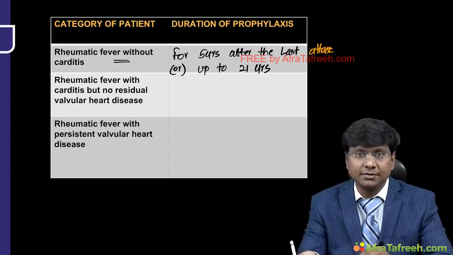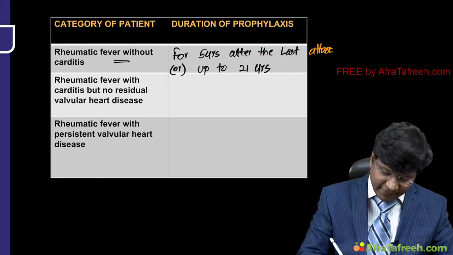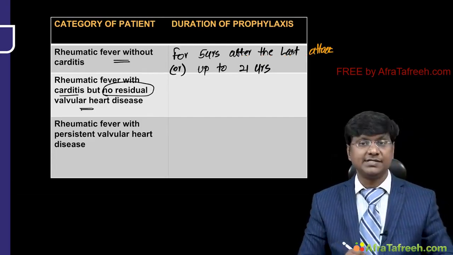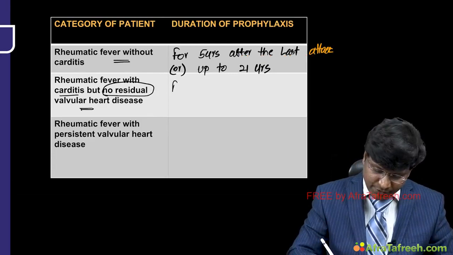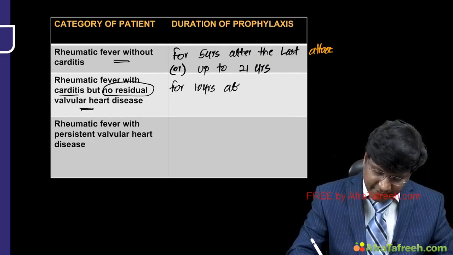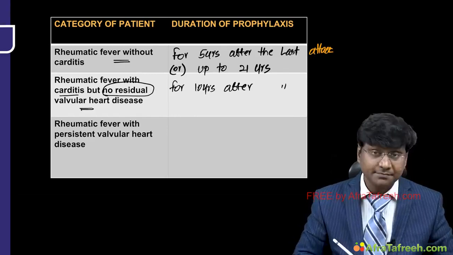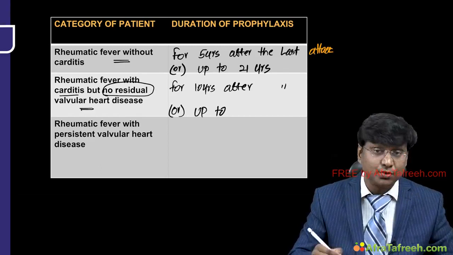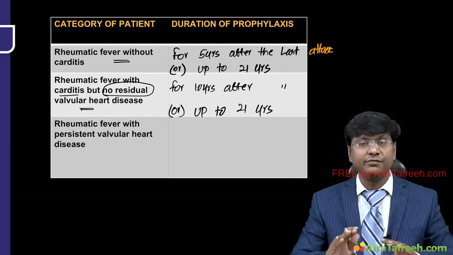Because that is longer. And if there is rheumatic fever with carditis but no residual valvular heart disease, in this case, you have to give for 10 years after the last attack, or up to 21 years of age, whichever is longer.